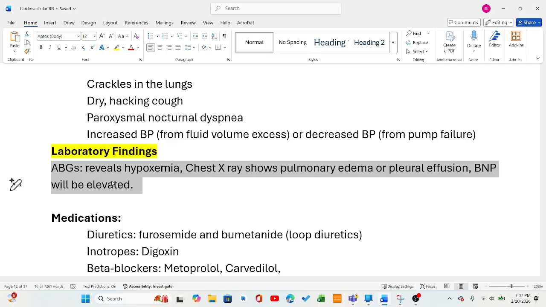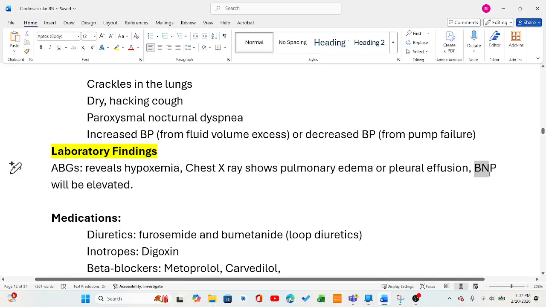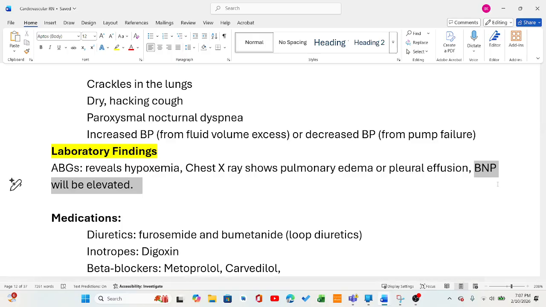The doctor can also order an X-ray to show if there is any congestion or fluid buildup in the lungs. Then the other lab, which will be used whether it is left side or right side, is the BNP. We know what the BNP is for now.